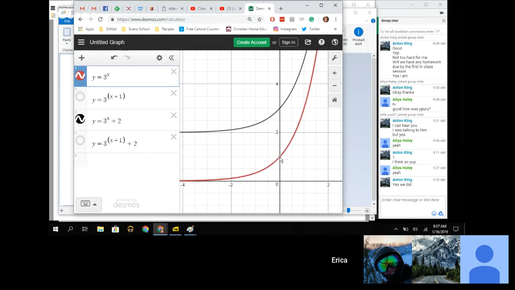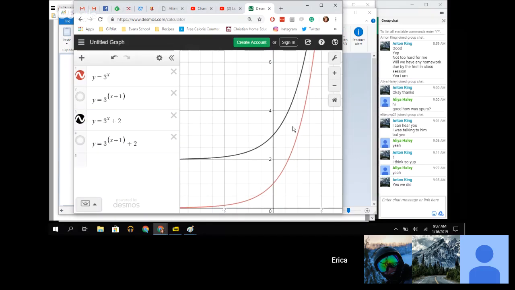Okay, so instead of x equals 0, y equals 1, now it's when x equals 0, y equals 3. It's being added by 2. Okay, and you can kind of see that here. It looks funny on this side because of the way the exponential curve does, but you're basically shifting your graph up by 2.